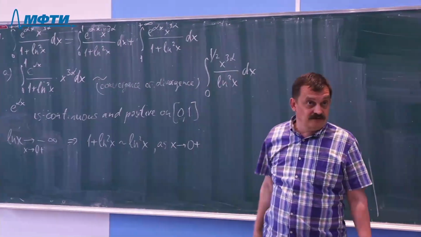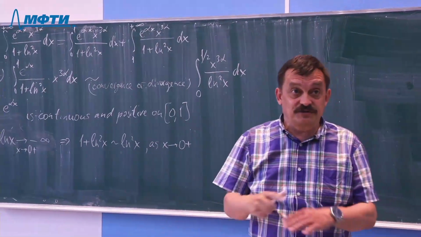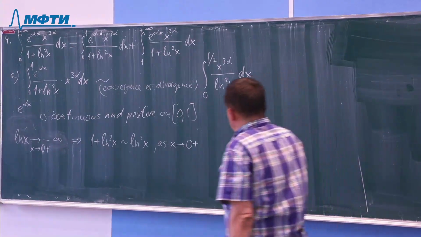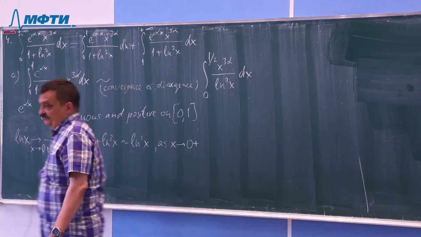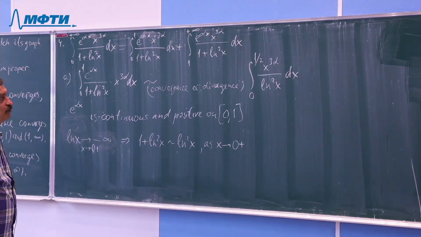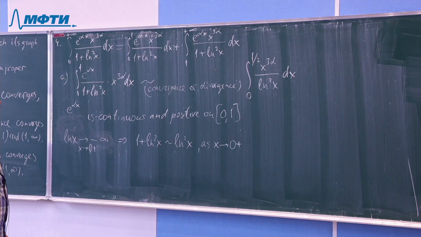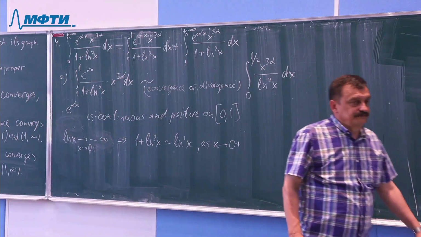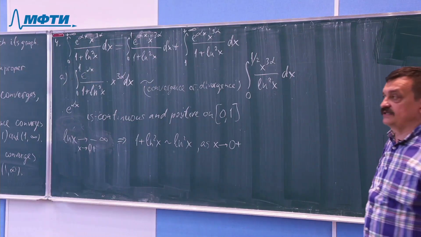Logarithm 1 is 0, and we have an extra singularity which was absent in the original integral, right? And we are interested only in the integral near 0, for example from 0 to 1/2. And that is a model integral, right? In fact, we considered it.